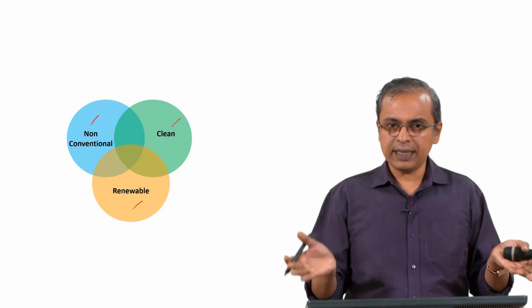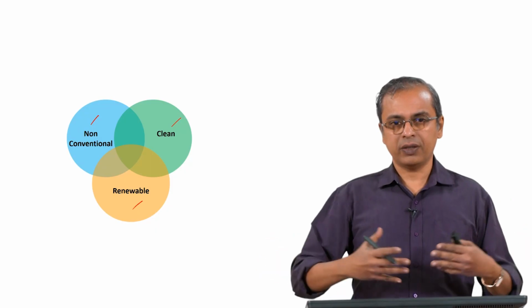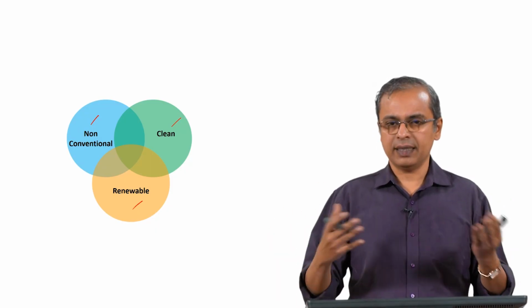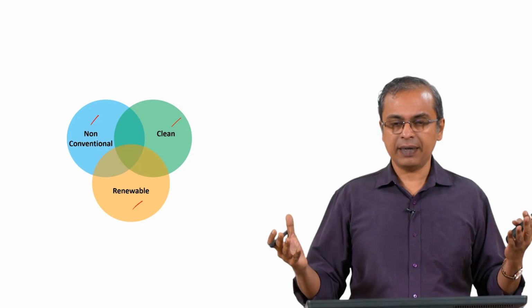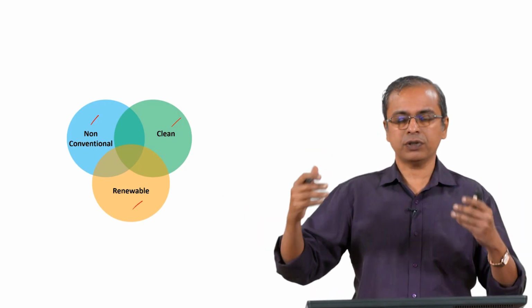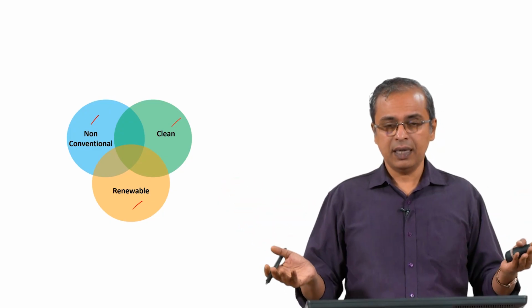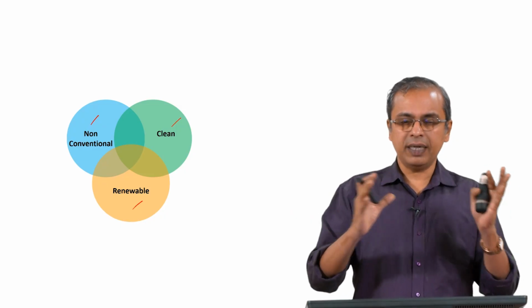If you look at all the technologies that are available to us to generate energy, all the possible technologies used at small scale or large scale, and you classify them, setting aside the so-called conventional ones, the direct fossil fuel ones for the moment, and look at what remains, we find that they can all be clubbed into three different categories.